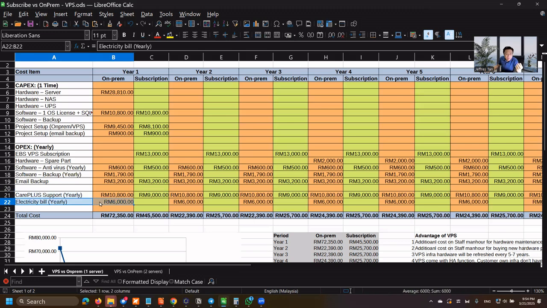Then this part, I want you to take extra attention here. The reason you need to include this one is electricity. This is the electricity for the items you run in your office. In order to run all these things in your office, the electricity for 1 year is about 6,000 ringgit. You will ask me how I came up with this value. Very simple.